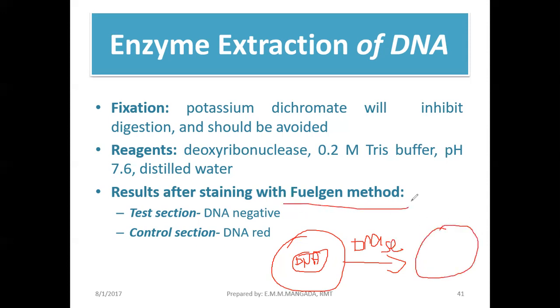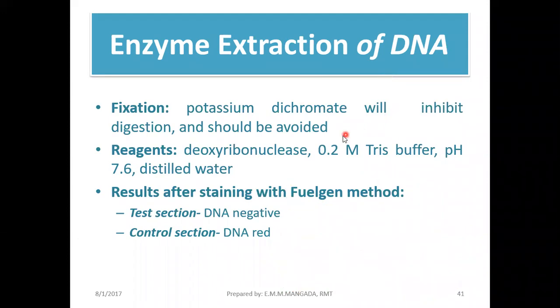That upon staining with your Feulgen technique, there will be no material to be stained red. Bakit? Kasi si Feulgen, it stains DNA red. Since na-extract si DNA mo, wala siyang i-stain. Kaya ang positive result dito ay DNA negative. Okay? The positive result is DNA negative. Ibig sabihin, yung extracted material mo ay DNA. So next, we have another technique.